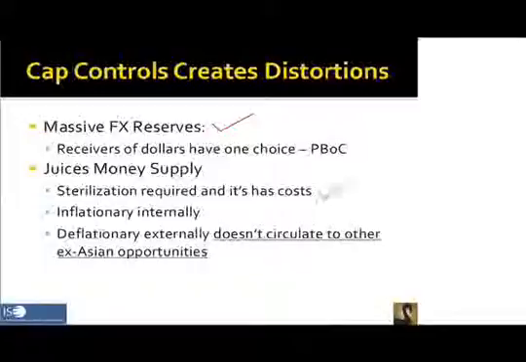Because they have to keep their currency pegged to the U.S. dollar, and because of the capital controls and the money can't get out, when the money comes in, China basically has to go in and buy up dollars in order to maintain this peg, and it creates a massive amount, a lot more liquidity than it should.